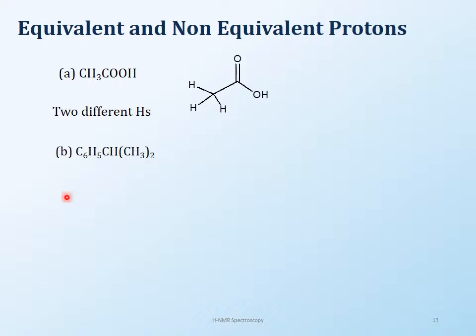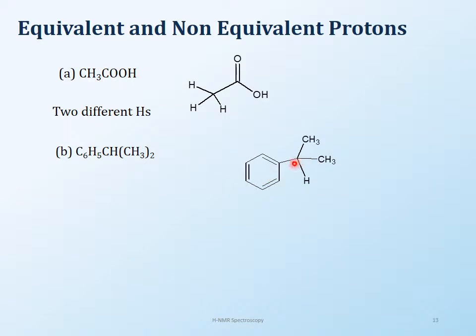Here's another one. C6H5 is of course a phenyl group. Then you have a CH and CH3, two of them. That means an isopropyl group. If you can see the structure like this, that's great. If you cannot, then draw it out. Let me give you a second to get an answer. Okay, so here's your benzene ring.